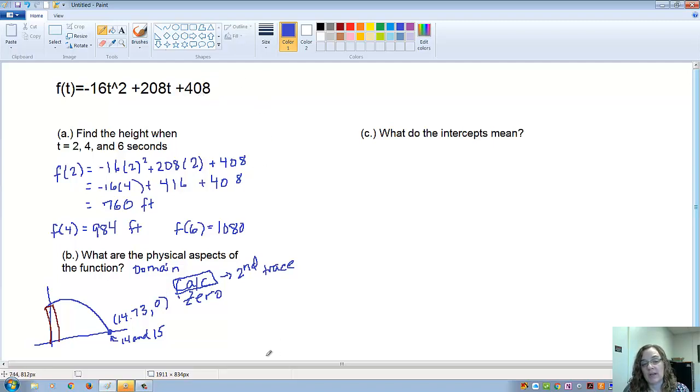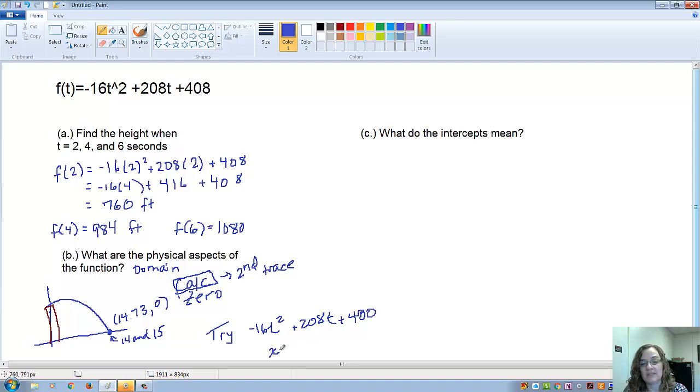You may want to try to find the physical aspects with this if it were negative 16t squared plus 208t plus 480. I almost wrote it wrong again.